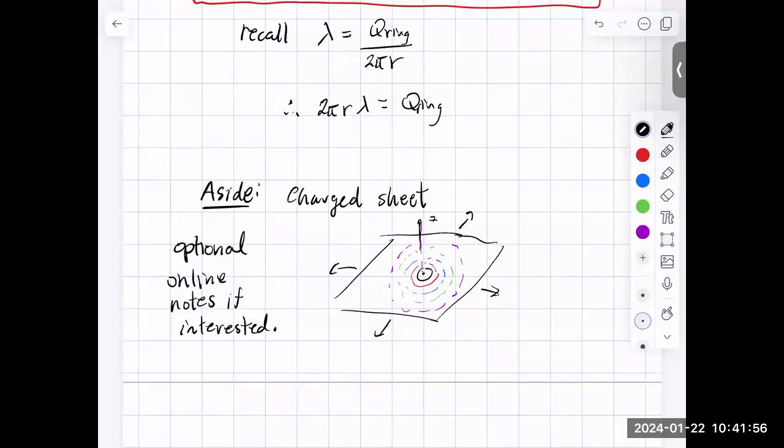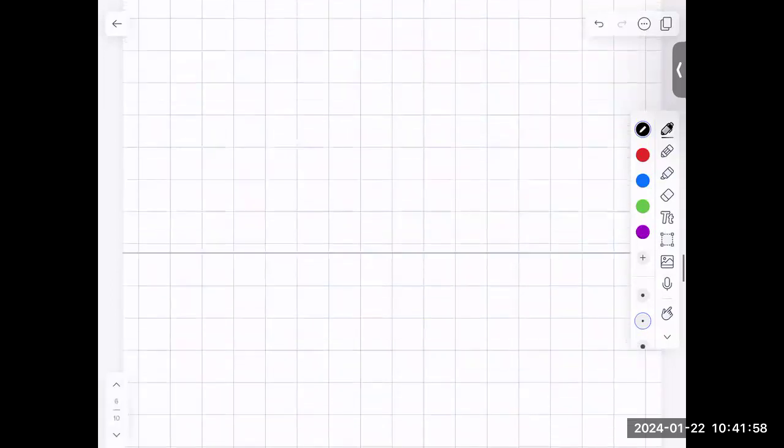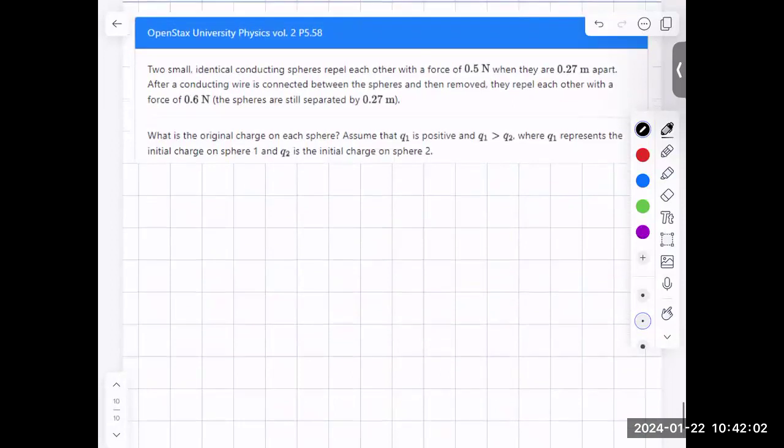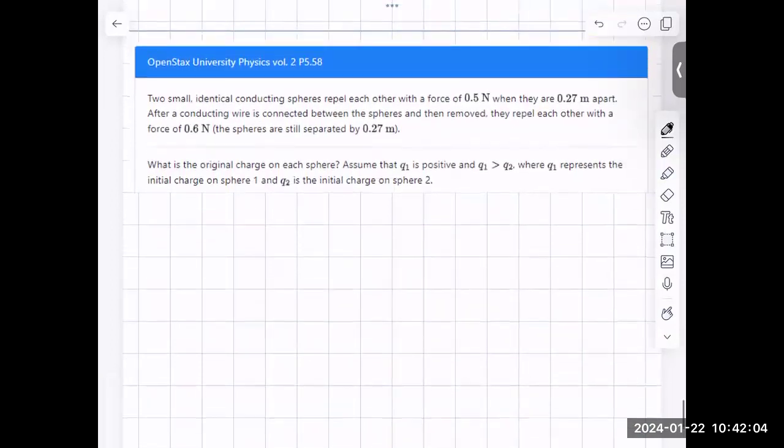All right, so with the last few minutes, I got a few questions, not tons, about the last question on homework number 2. I'm not going to solve the whole thing, but I can set it up for you to show you how it works.